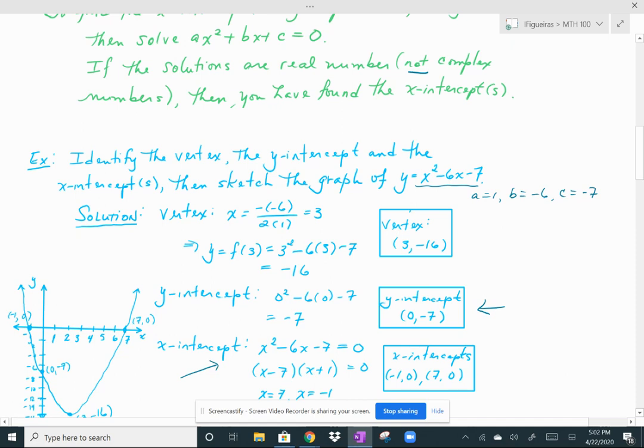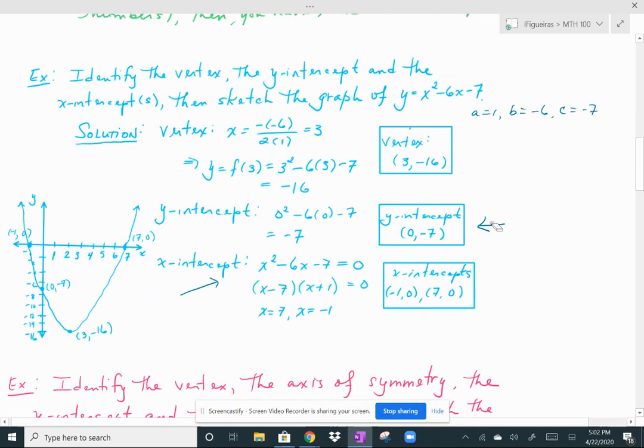X-intercepts. That's when we take our function, x squared minus 6x minus 7, and set that equal to 0. This one is factorable. So two numbers that give me a product of negative 7 and a difference of negative 6 are the factors x minus 7 and x plus 1, giving me two solutions of 7 and negative 1.